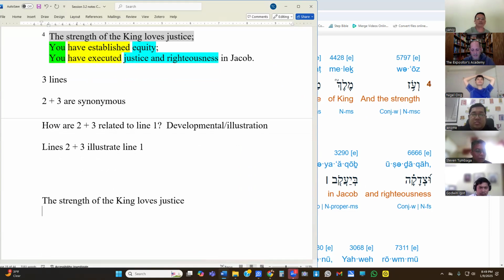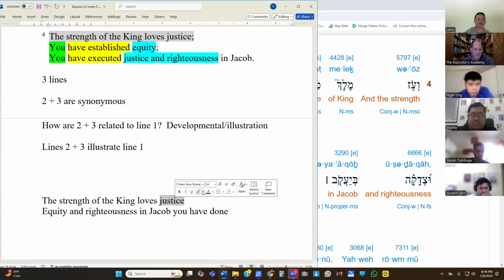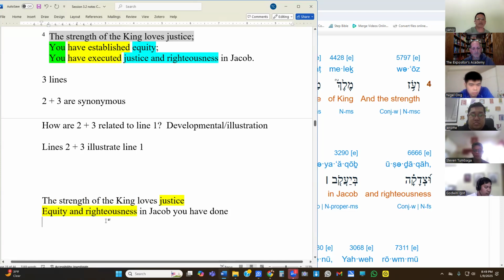And then it's equity and righteousness in Jacob you have done. All right, so notice justice is at the end of line 1. Equity and righteousness, which are the synonymous terms, are the beginning of line 2.